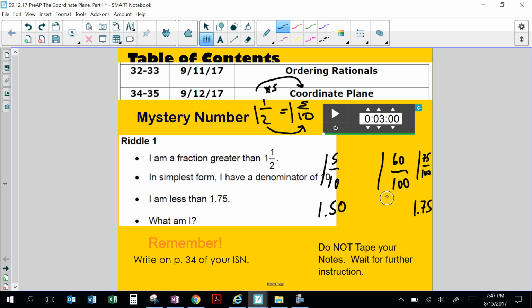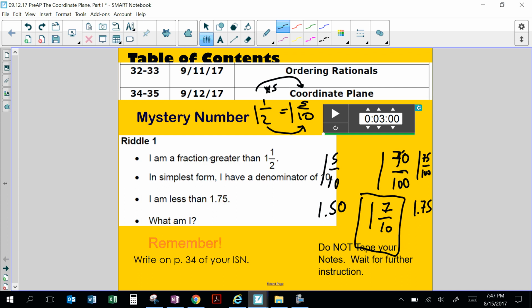Let me erase this. What about 1 and 70 hundredths? If I simplify this and divide the numerator and denominator by 10, I'll get 1 and 7/10. Hey, I think I have the answer.